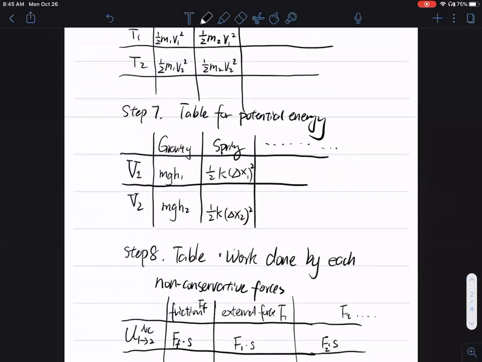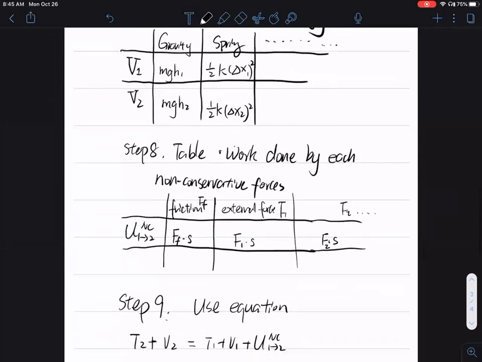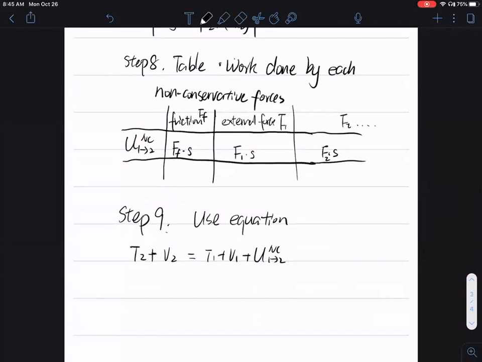Same deal for your non-conservative forces work. That U1 to 2 nc equals that work plus that work and plus any other work in your table. So that's what I mean, assemble everything into that equation.